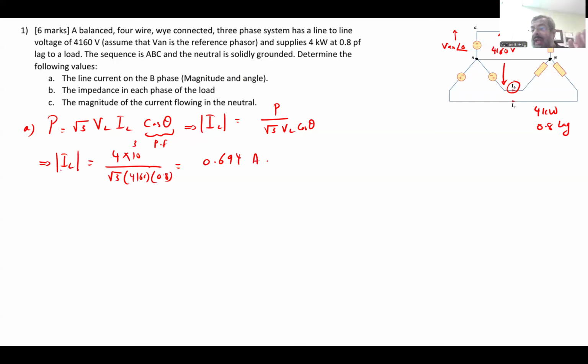Now we need to find the magnitude and the angle of phase B. Let's start with phase A because this is usually the default. How do we find the angle of the current? Since this is a Y connection, the line current and the phase current are the same.